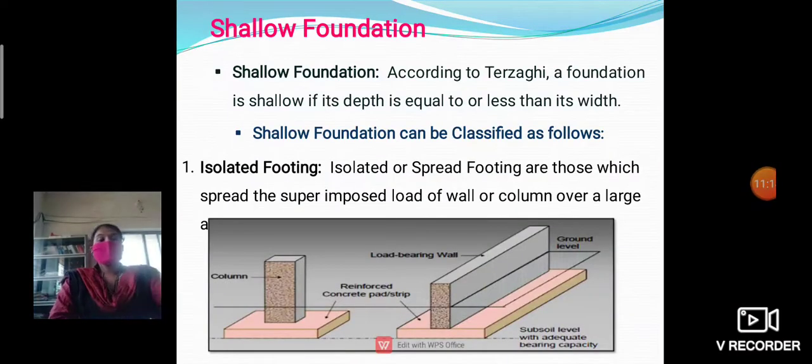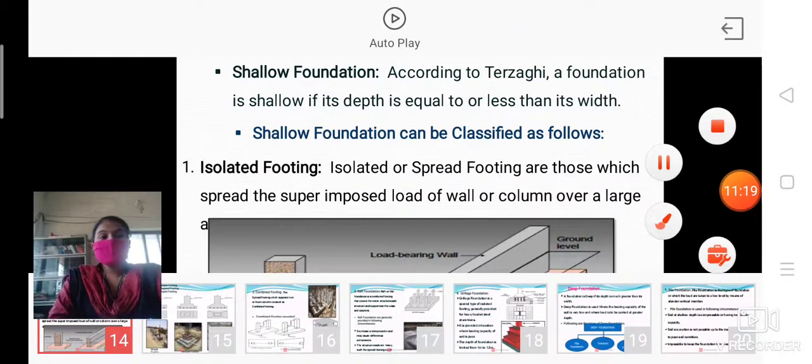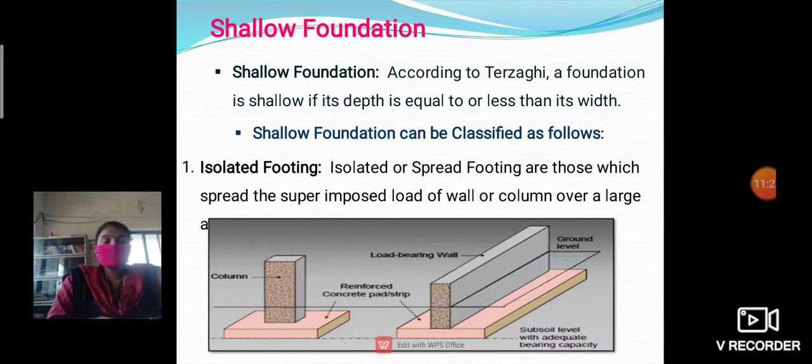Here, shallow foundation. The shallow foundation means, according to Terzaghi, who is the scientist that gave the theory of bearing capacity.